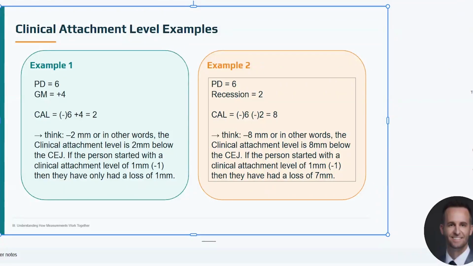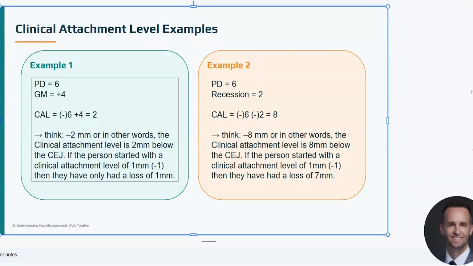Now we can see in this scenario, determining the clinical attachment loss is much less important, because whether they have 7 millimeters of loss, or 8 millimeters of loss, or 6 millimeters of loss, in all those scenarios, they've had a significant amount of loss. In the previous scenario, it's a little bit more important, because the measurements are a little bit tighter.